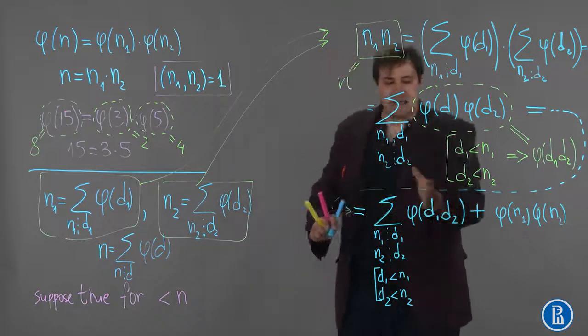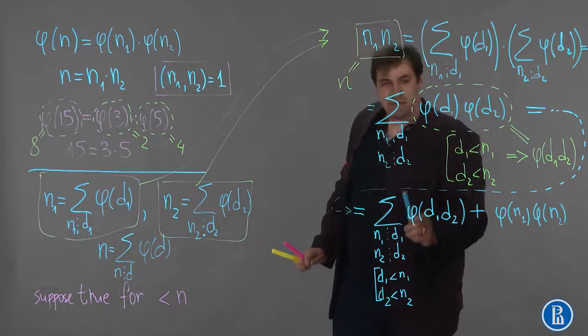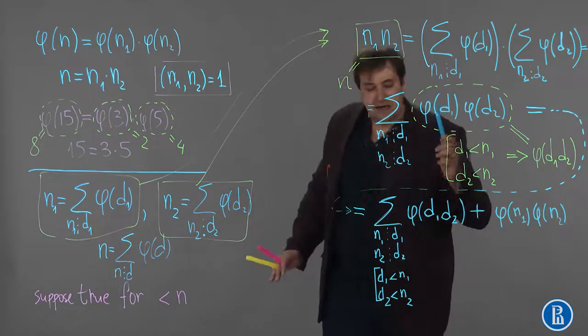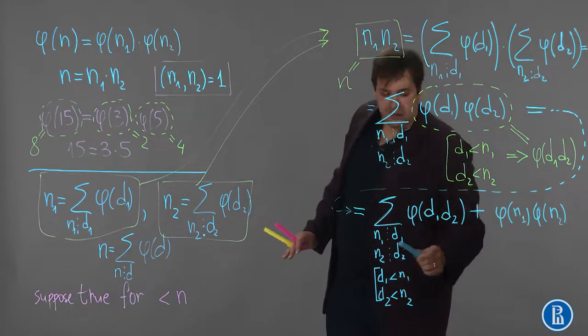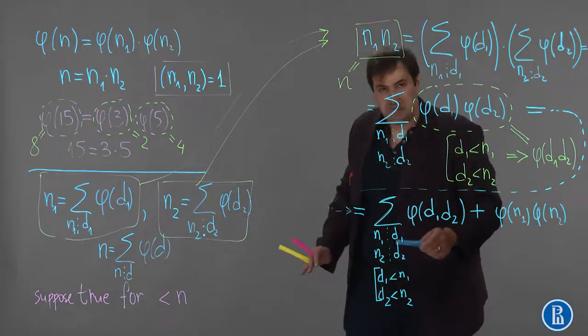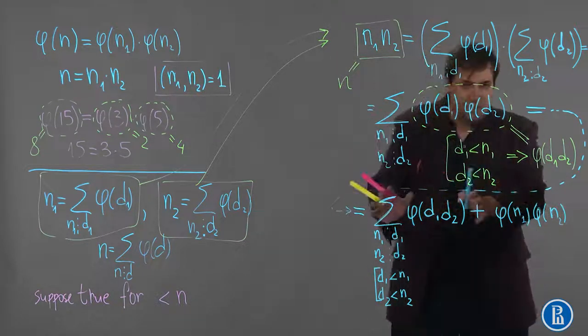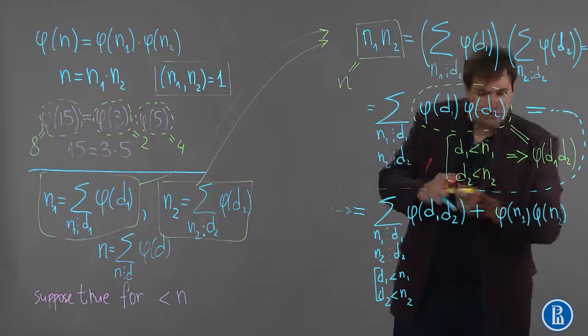This simply means that we take all possible pairs of divisors of n1 and n2, except for one pair where d1 is equal to n1 and d2 is equal to n2. And this specific pair, we just remove from the general sum. We just remove it, and it's just a separate summand over here.